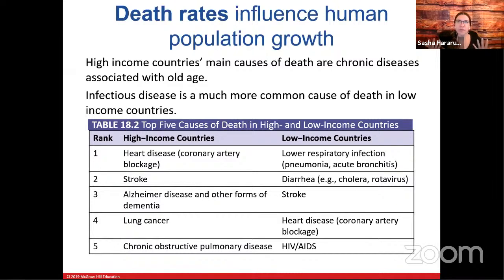Education in terms of people not necessarily knowing how to preserve food correctly, or how to maintain hygiene so that they don't infect themselves with something horrible.